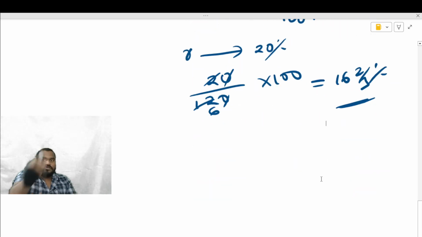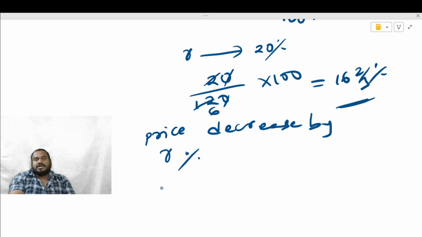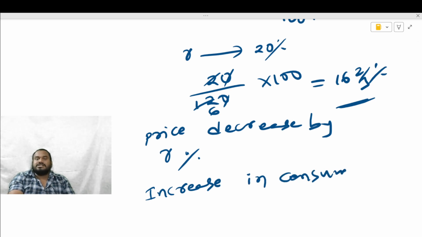So now the same principle can be applied to price decrease also. When price decreases, what happens? Consumption increases, right? So when price decreases by R%, what is the formula for the increase in consumption in percentage?